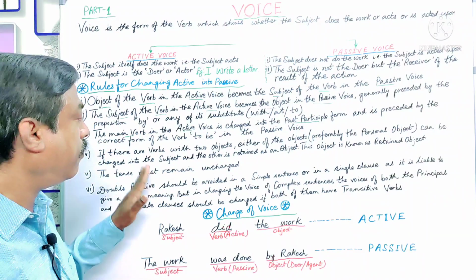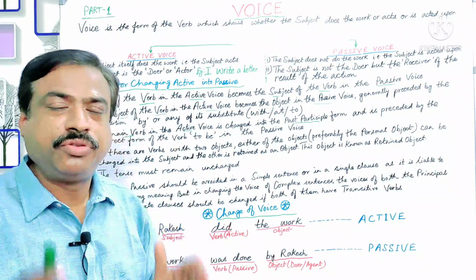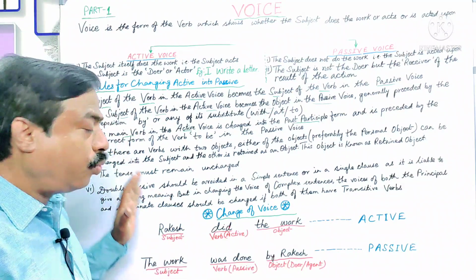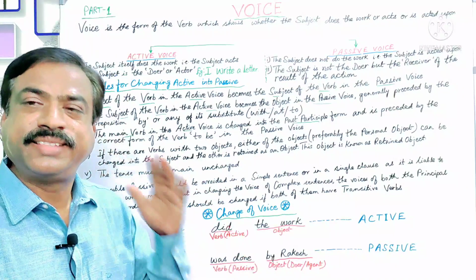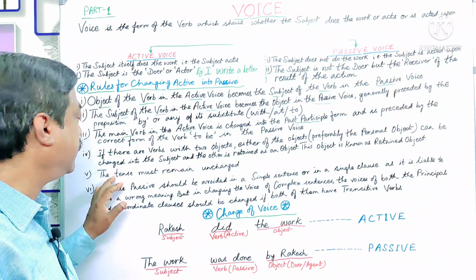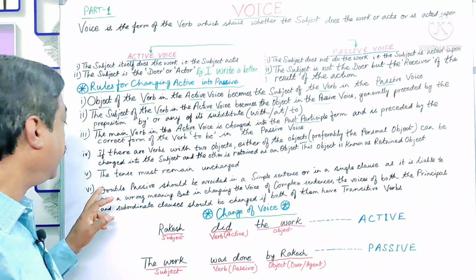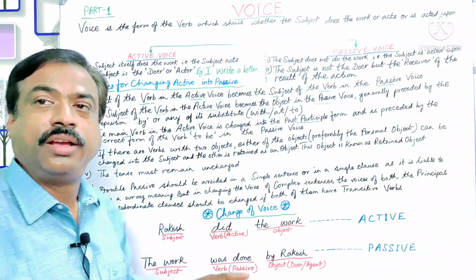Now I come to the fifth point. The tense must remain unchanged. Students, you have to be very sure that we have to see the sentence and think about the tense, and remember always the tense must remain unchanged. And the last is that double passives should be avoided.